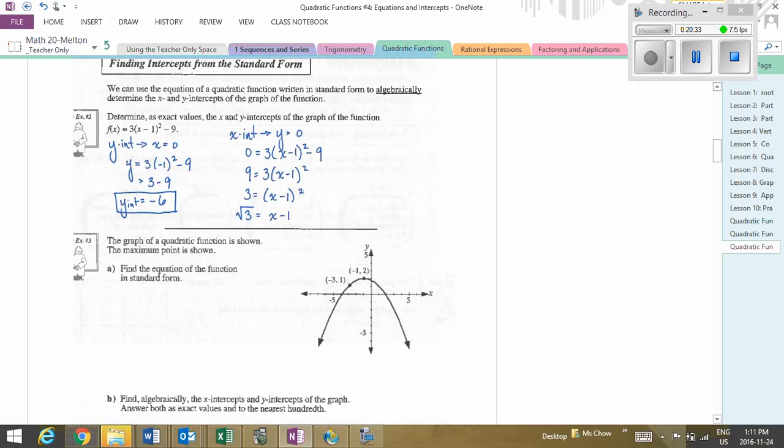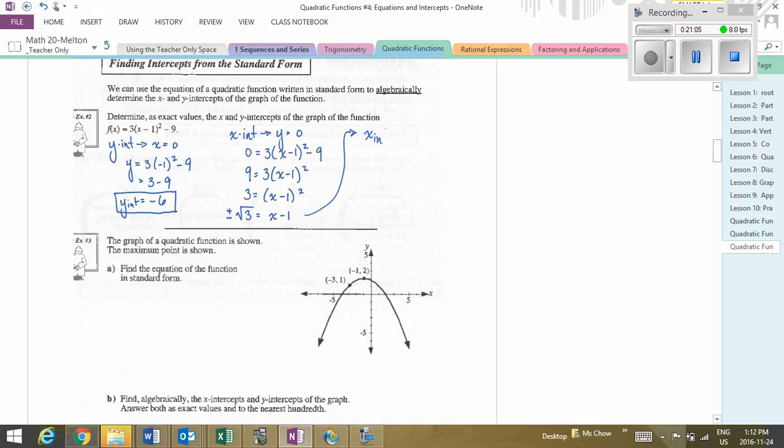Now, before we go any further, remember, when you take the square root, we have previously mostly only looked at the principal square root or the positive, but we know that with our quadratic, we're going to end up with two x-intercepts, and so we are looking at plus or minus root 3 is equal to x minus 1. And so then to isolate x for my x-intercept, I will add 1 to each side.